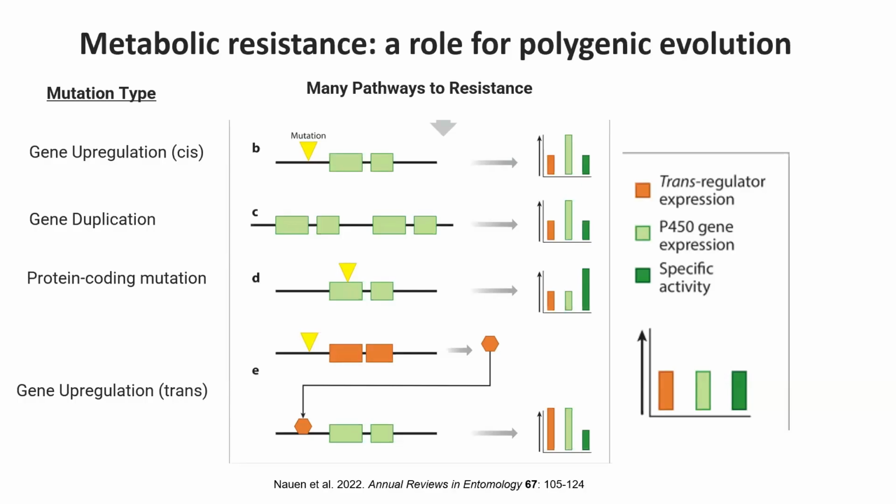There could be cis effects, trans effects, and so forth that might drive whole pathways. So as it happens, many detoxification pathways have upstream transcription factors that regulate the whole downstream series of steps. So some rather simple changes could actually be consequential in driving the whole detoxification pathway.